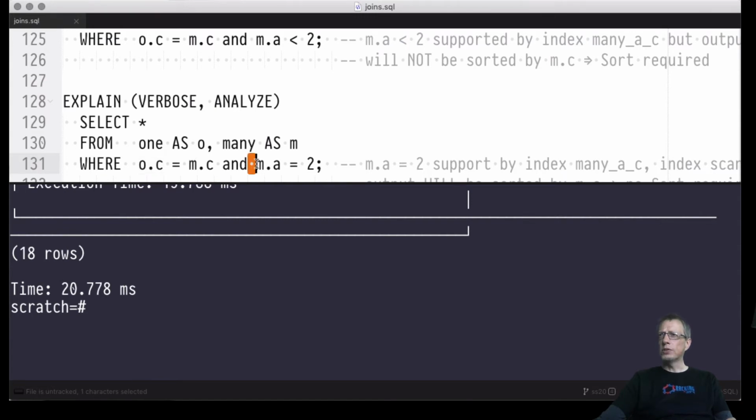Well, with this condition, it's an equality condition on the A column. So an index scan on the many side would focus on one particular A group. So in the concatenated B plus tree, we would focus on the one particular A group for A equals 2. Inside that A group, the C values are ordered in ascending fashion.